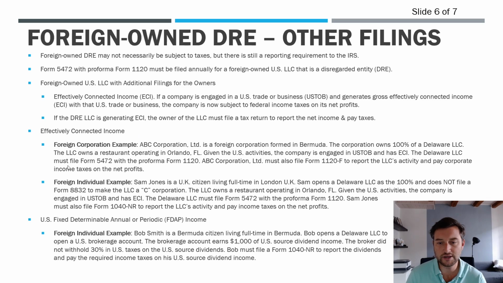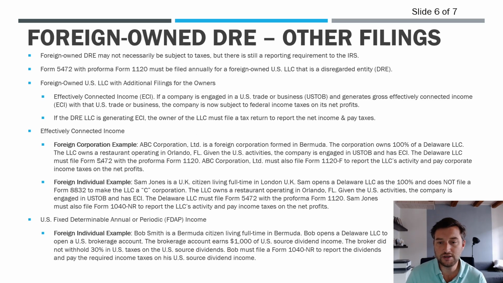So for the ECI example, let's say we have a foreign corporation that has a DRE. So we have ABC Corp Limited. It's a foreign corporation that was set up in Bermuda, and the corporation owns 100% of a Delaware LLC. So that's its subsidiary entity, and that LLC has not filed a C Corp election. So it's just a disregarded entity, and it has a foreign owner, being this foreign corporation.